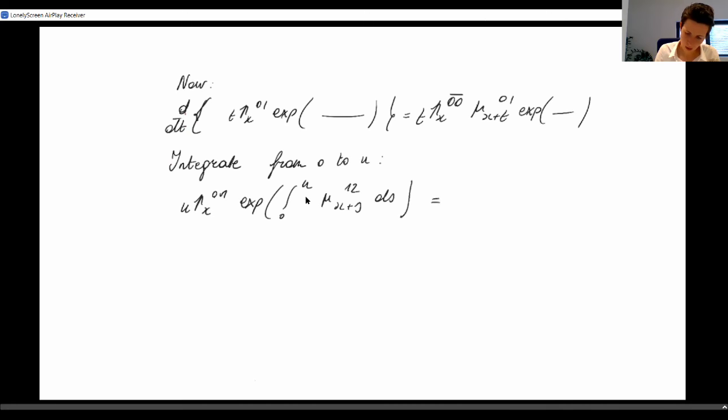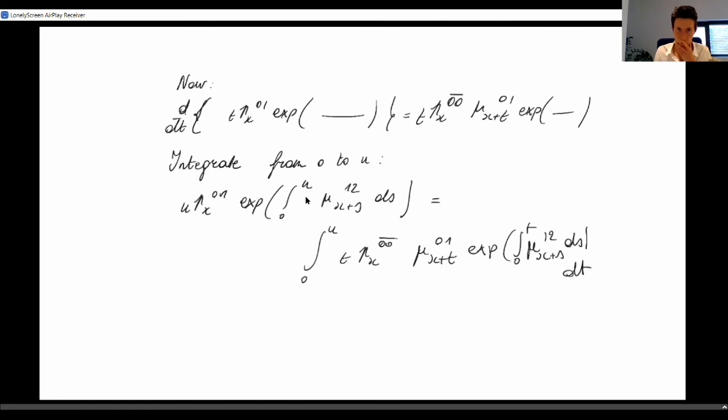And that will then be equal to the integral from 0 to u tpx00 bar mu x plus t01, and then my exponential integral from 0 to t mu x plus s12 ds. And this is going to be an integral with respect to t.